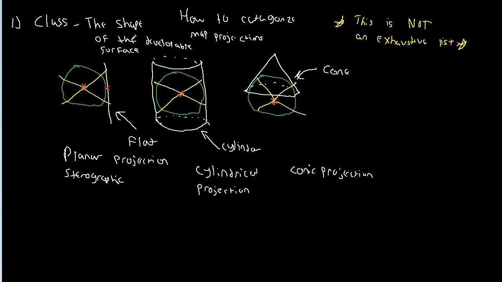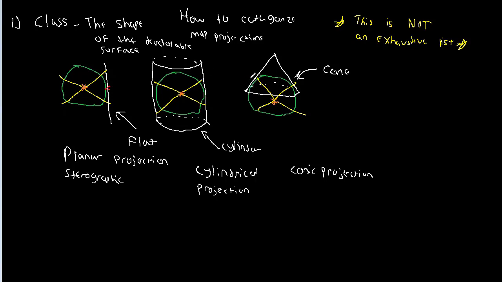The reason why the class of the map projection matters is you can see from this example that the only places that are going to be captured are the places where the projection is going through the reference globe onto the developable surface.